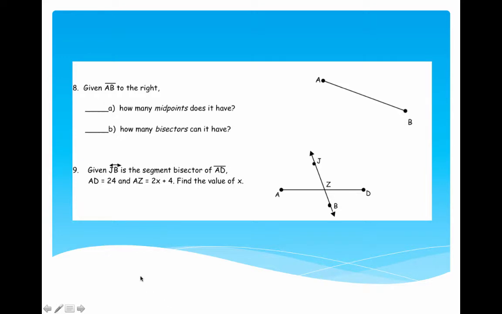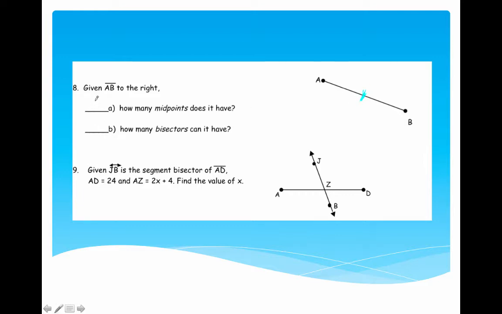Okay, so we're given AB, and the first question is, how many midpoints does it have? So if I start from A and go halfway to B, I get to a point somewhere about here, and no matter if I start from A or B, if I go halfway across, I get to the same point.